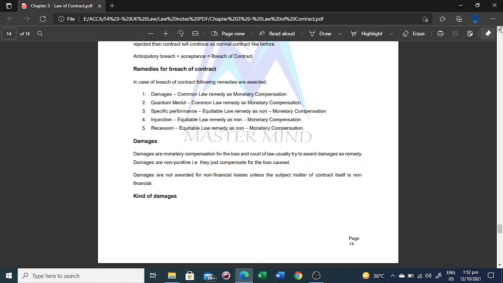In case of specific performance, you are required to actually perform that promise, fulfill the promise that you made before, and act in a particular manner as you had already promised. Quantum meruit is that you have to offer services.